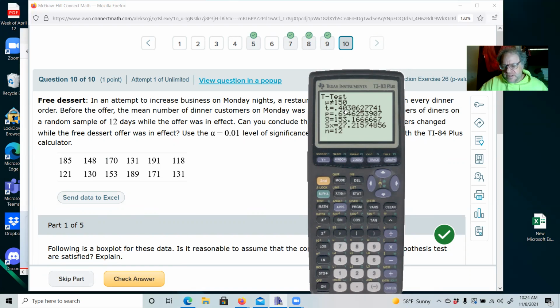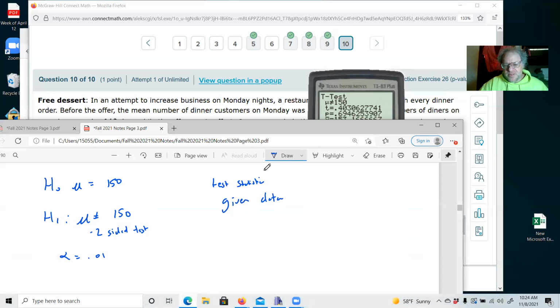Okay, our t statistic was 0.4031. We usually go with 2 decimals for those because you don't want to confuse this. This is a statistic. So we're just going to say this is 0.40. What is our p-value? The p-value is equal to 0.6946.